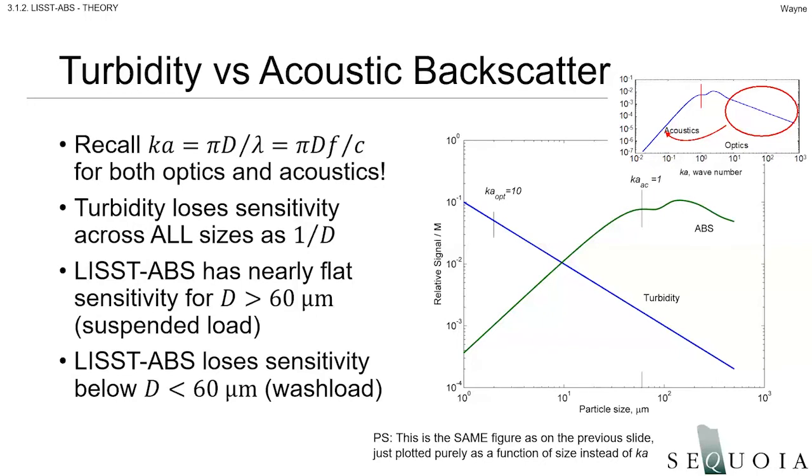This is why the general idea of the blue and the green curves is a comparison of why the LISST-ABS operating in the transition regime is better than a turbidity sensor operating in the geometric regime, because the ABS in that transition region has very little change in the signal as particle size changes. Only change in concentration will cause a change to the scattering signal.